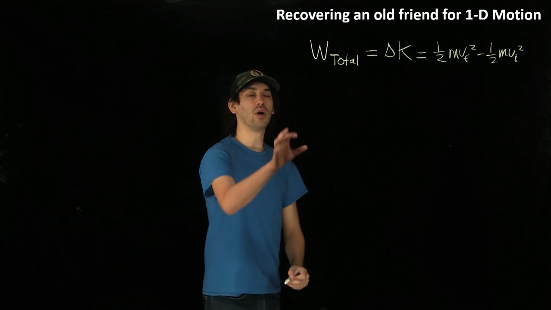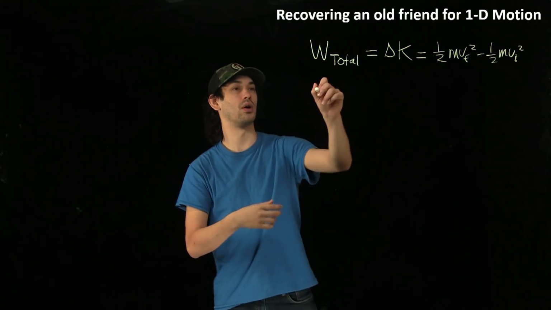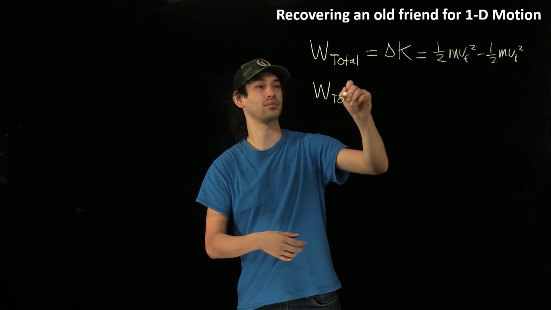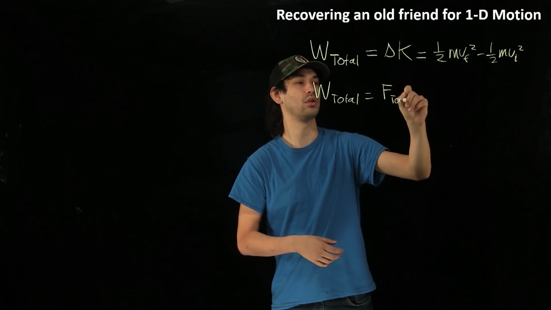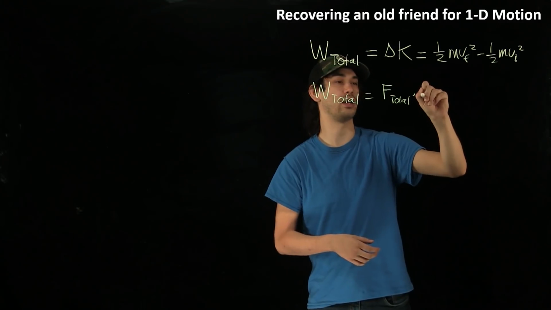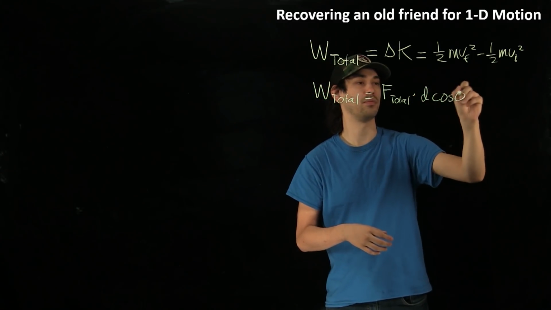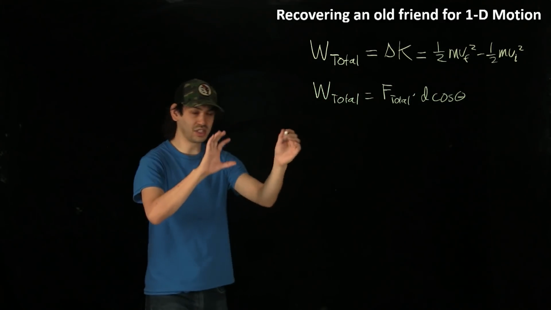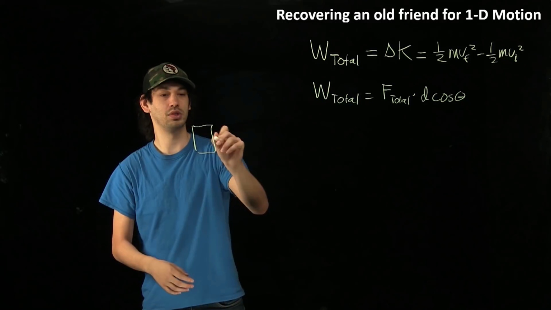Okay. We also know from the definition of the work that the total work can be written as the total force times the distance that this force acts over times the cosine of the angle between them. Now, for this example, let's consider a block that we're going to push with some force.